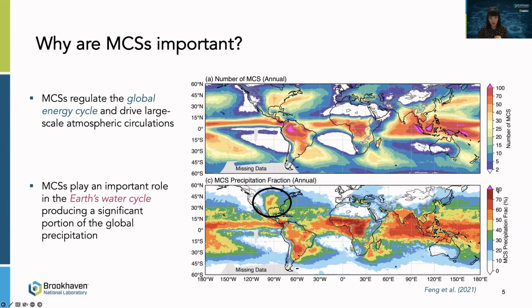In the first part, the results that I showed with the comparison between observations and simulations are for idealized simulations. We initiate those MCSs using soundings and cold pools.